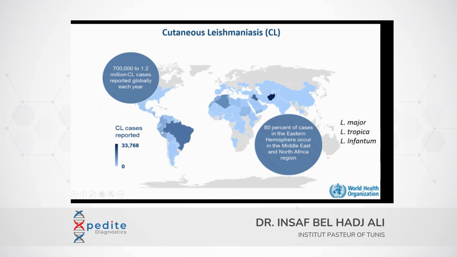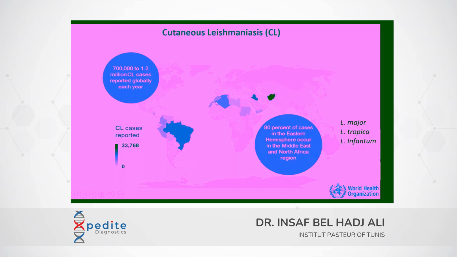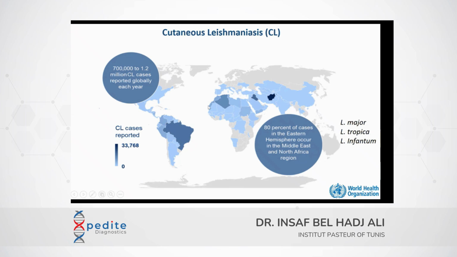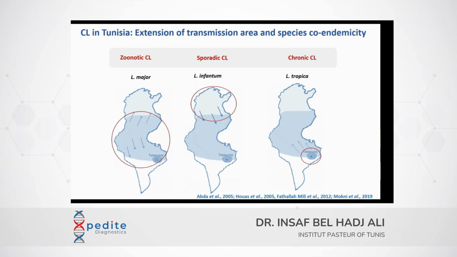Cutaneous leishmaniasis in the Middle Eastern and North African region is caused by 3 main Leishmania species: Leishmania major, Leishmania infantum, and Leishmania tropica. Today I will talk about 3 case examples from Tunisia, Morocco, and Lebanon. Previously in Tunisia, the epidemiologic situation was very clear.